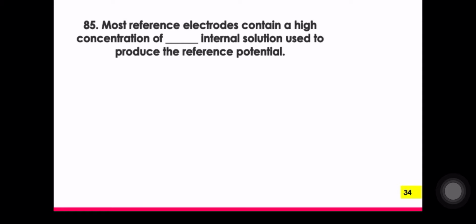Next, for number 85, most reference electrodes contain a high concentration of blank internal solution used to produce the reference potential.